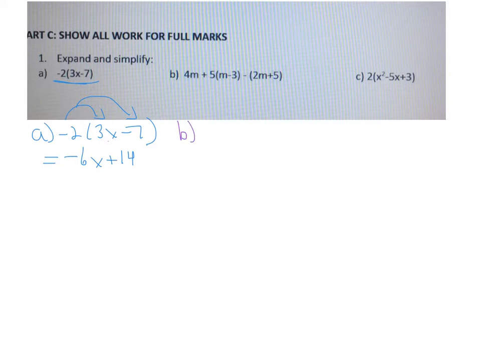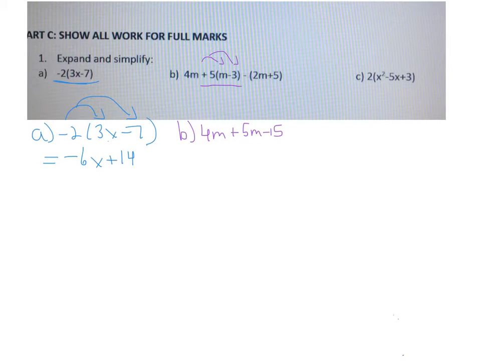For B, I want you to do this one step at a time and remember BEDMAS. So here's some multiplying. We're going to do 5m minus 15 using the rainbow for this second term. And here's one of those big red flags where students will always make mistakes on the test.